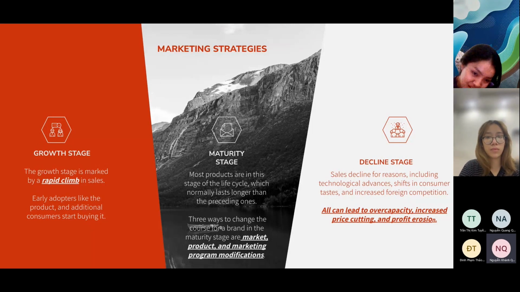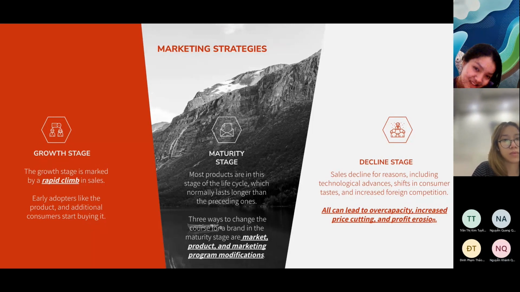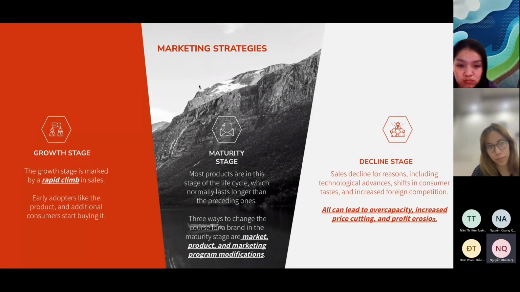Most products are in this stage of the life cycle, which normally lasts longer than the last one. And three ways to change the course for a brand in the maturity stage are market, product, and marketing program modification. A firm may try to expand the market by increasing the number of users and increasing usage rate among users.